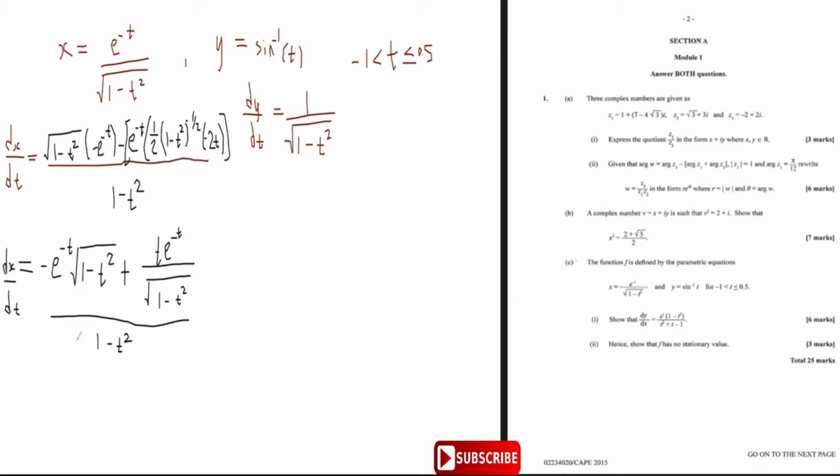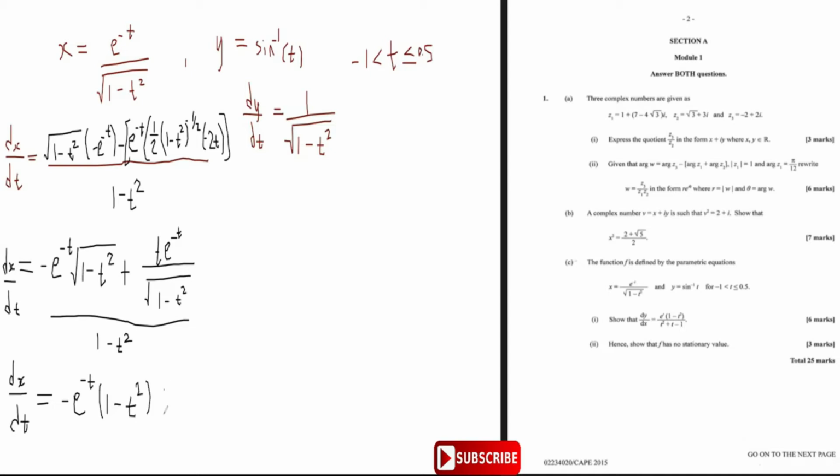We can continue now. We can simplify this some more. I always advise to simplify it. So dx by dt is going to be equal to, we can simplify the numerator as one fraction. We can multiply 1 minus t squared. The square root of 1 minus t squared times 1 minus t squared, the square roots cancel each other, so this part just works out to be 1 minus t squared.